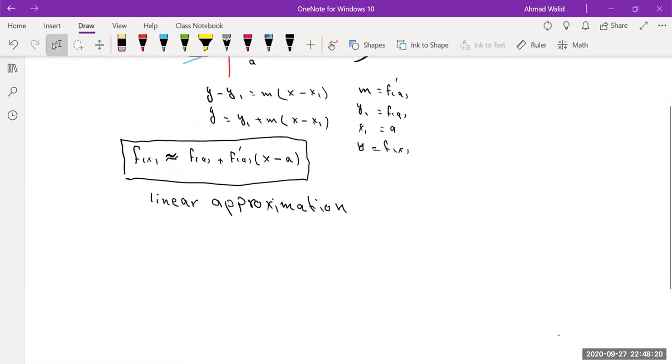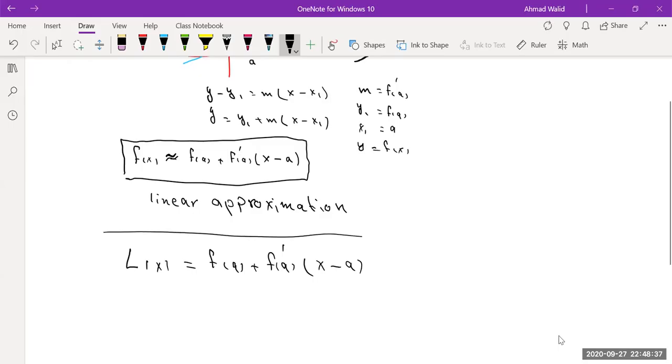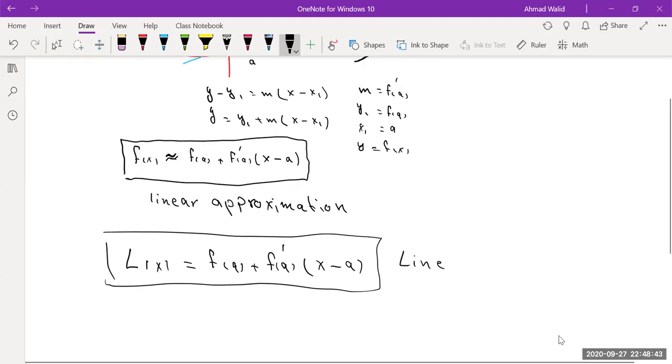And if, instead of f of x, I write L of x, which is my tangent line, L of x equals f of a plus f prime a times x minus a, I will call this equation linearization.